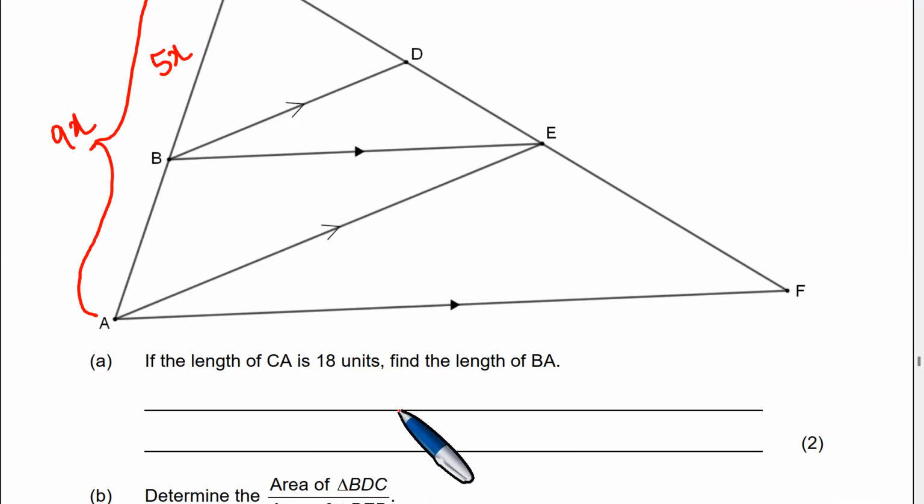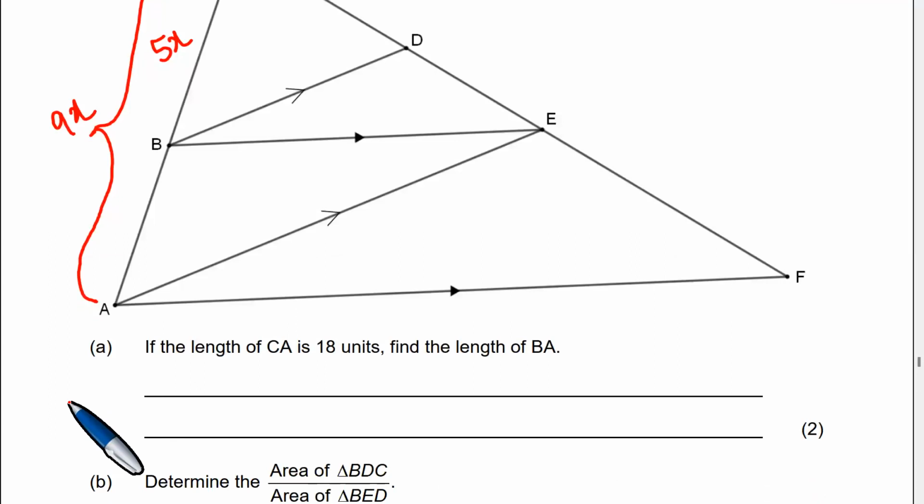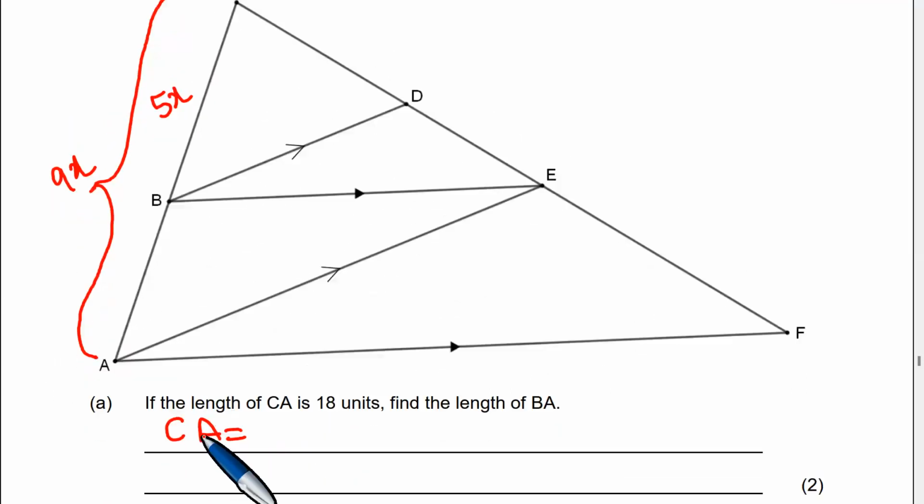At this point, you have been told the length of CA, and you need to find the length of BA. You can let CA be 9x, which is 18.